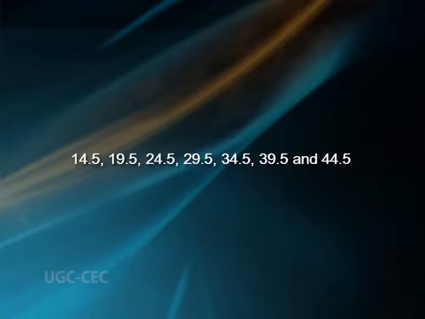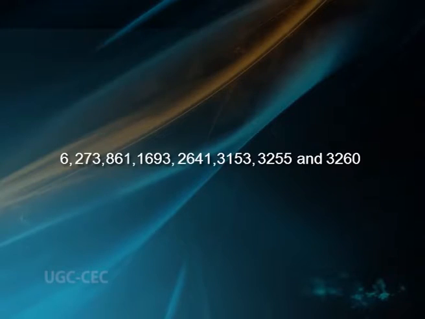After balancing the classes, their upper bounds become 14.5, 19.5, 24.5, 29.5, 34.5, 39.5 and 44.5. Corresponding less than frequencies are 6, 273, 861, 1693, 2641, 3153, 3255 and 3260. The less than ogive is as follows.